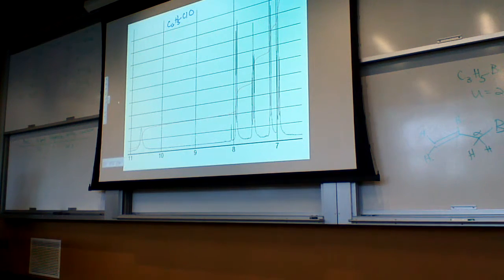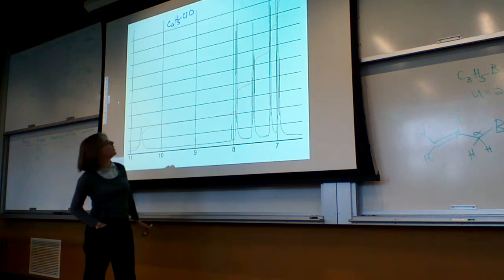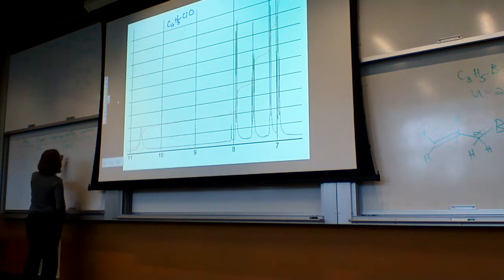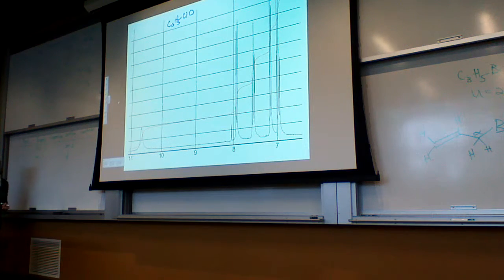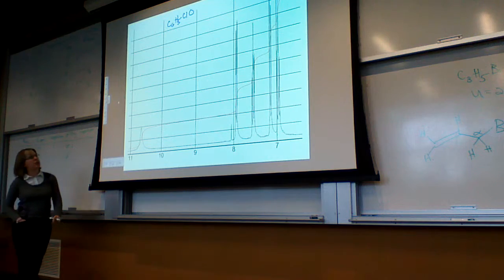Then we have a peak at 7.9. 1 hydrogen. This one is a doublet. Technically a doublet of doublets with really fine splitting, but we're going to ignore that. 7.6, we have 1 hydrogen.